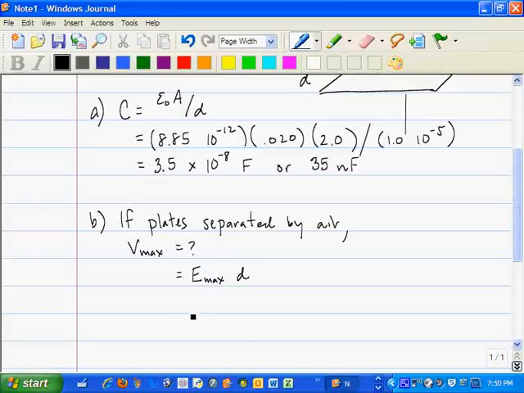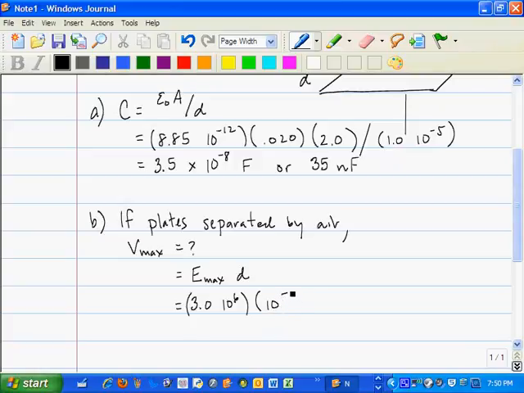Now for air, this maximum electric field is 3 million volts per meter. It's just 3 times 10 to the sixth volts per meter. And again, we have a distance here of 1 times 10 to the minus 5 meters.